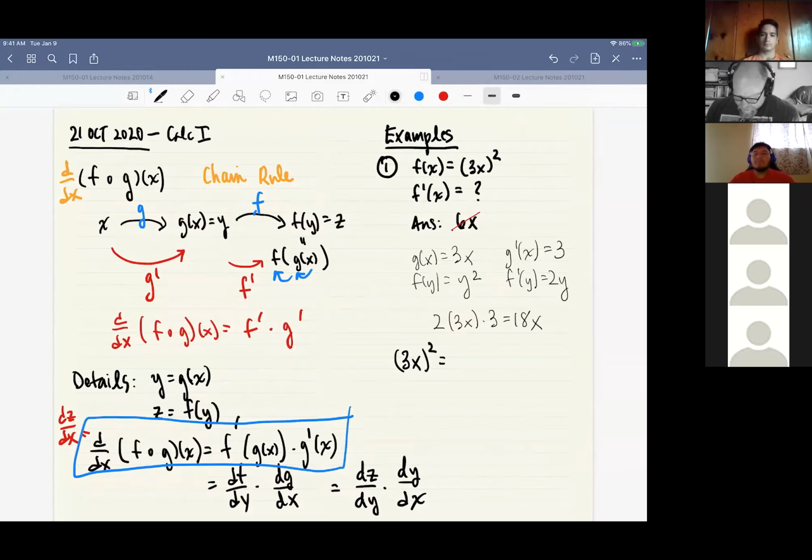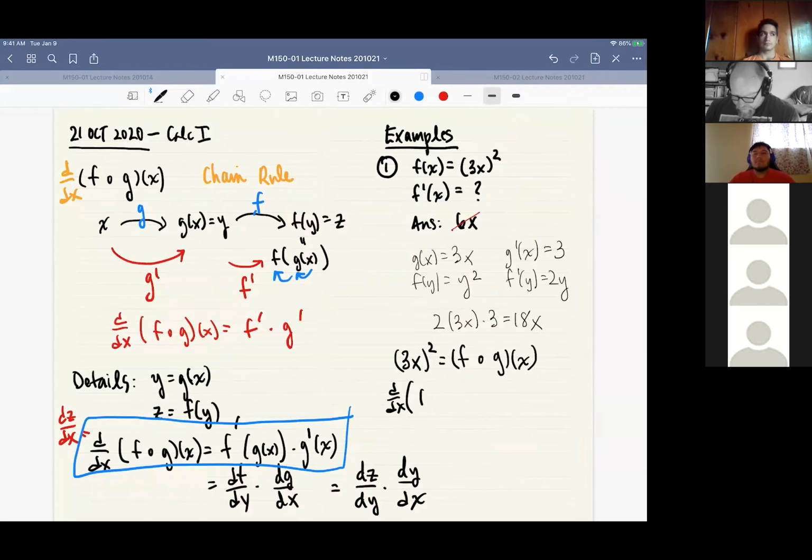So first, the function g multiplies the input by 3, and then the function f squares everything. So first you get 3x, and then you square everything.